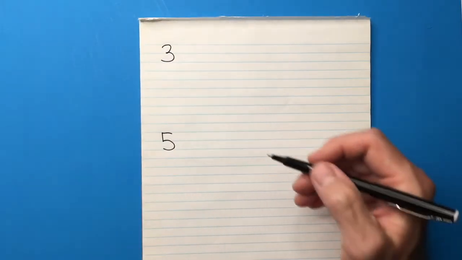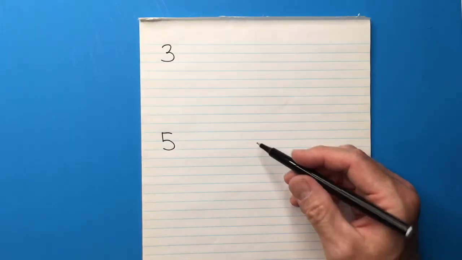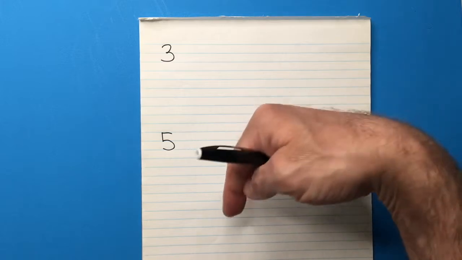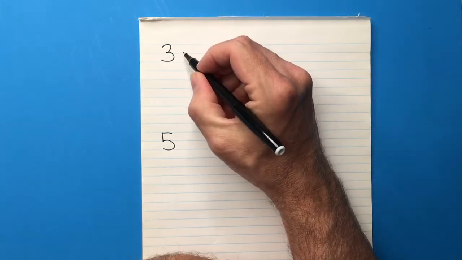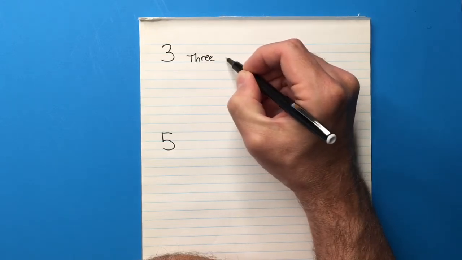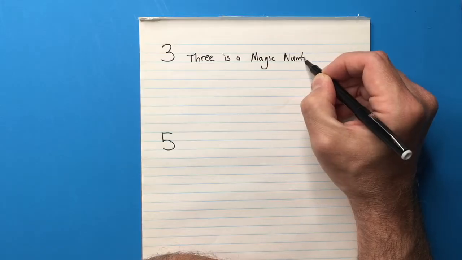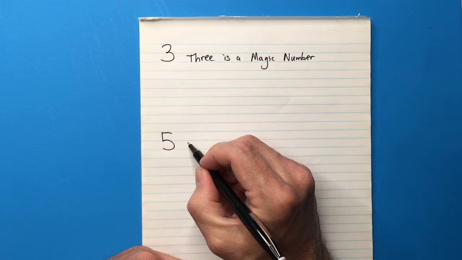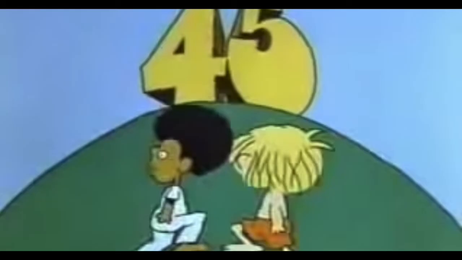These videos are still connected in our Google Classroom, but I put them also in the description below. The video for counting by 3s was called 3 is a Magic Number, and the video for 5 was called Ready or Not, Here I Come.